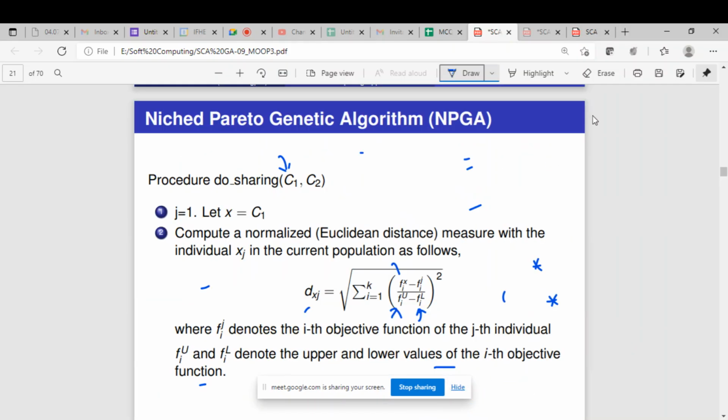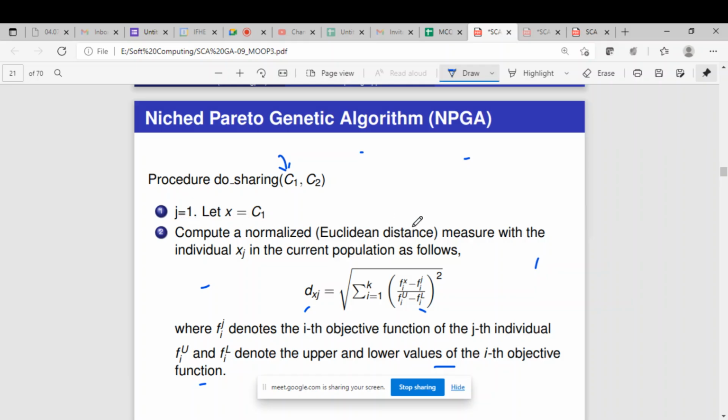Okay, and if you see here, this function, let us be very clear. We can split up this function for better understanding. Say in the first round, j is 1, x is c1.